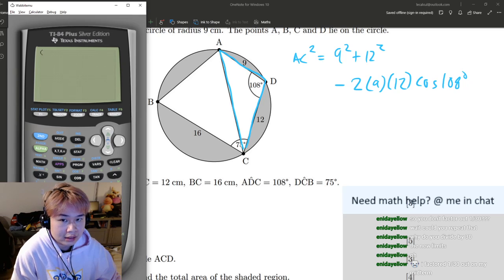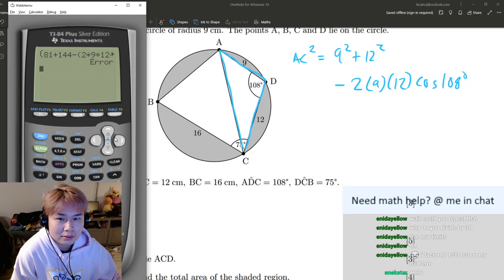So let's see. 81, which is 9 squared, plus 144, minus 2 times, oops, nope, not 81, 9 times 12, times cosine 108. Non-real answer. How is this not a non-real answer?